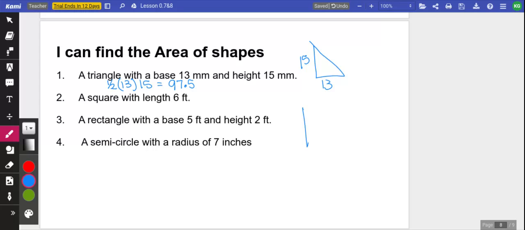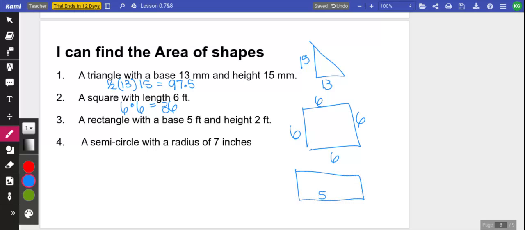The next one is a square whose everything is 6. But I'm doing the area, so I'm just going to do length times width, which is 36. The next one is a rectangle whose base is 5 and whose height is 2. Again, length times width, which is 10.